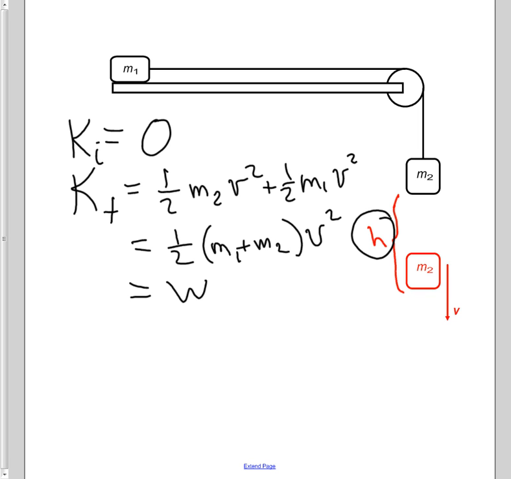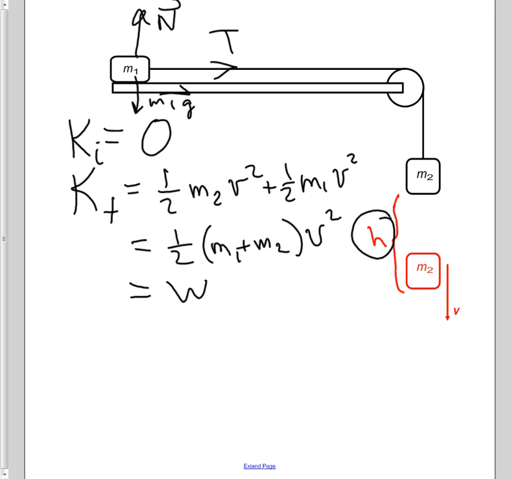Well, we could look at each object separately. Suppose we look at M1 and we ask, what are all the forces on M1? Well, there's no friction. There's a normal force, and there's the weight, M1g, and there's some tension in the string.